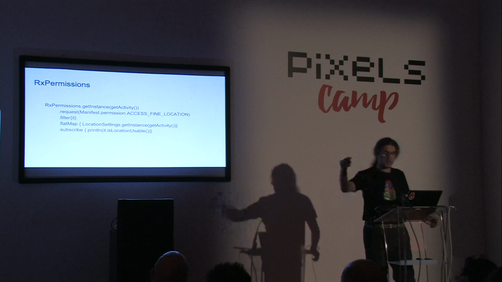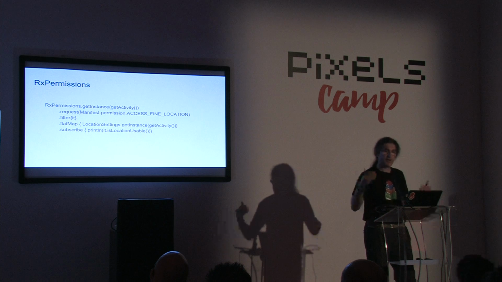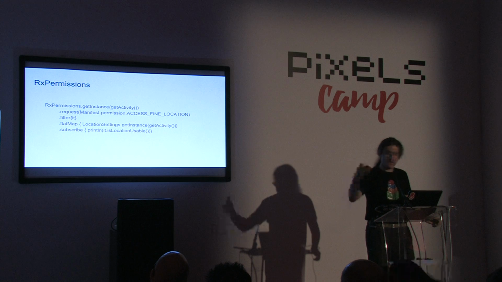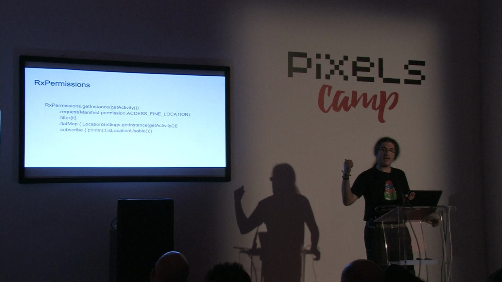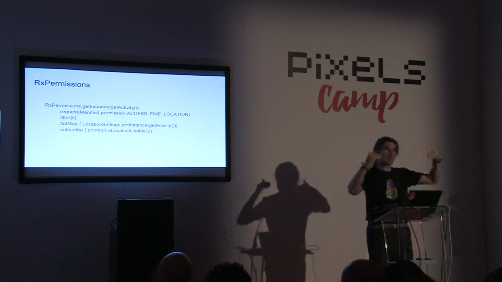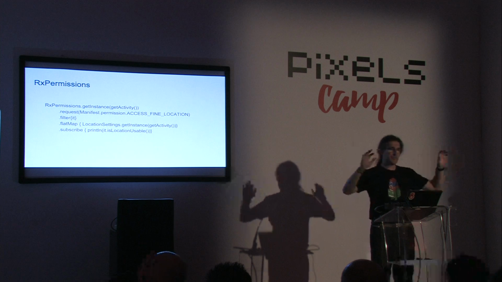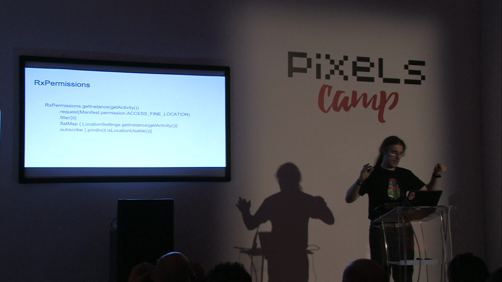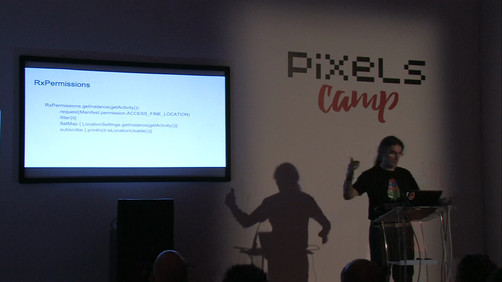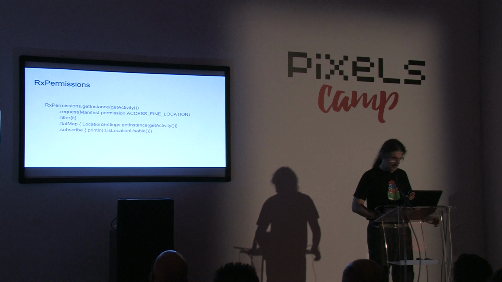So I request a permission, I filter it only if the permission was granted, then I run the other code, and only if that code is run, the print line gets run. So a lot of things are happening with activities going back and forth, and network calls, and you get to write this in half a dozen lines.